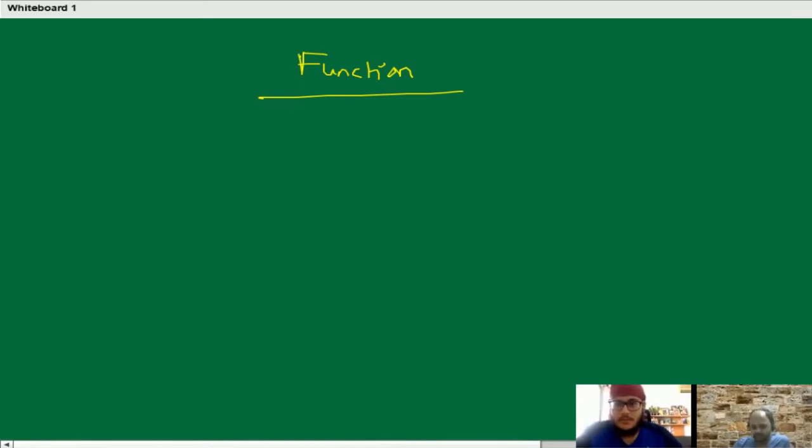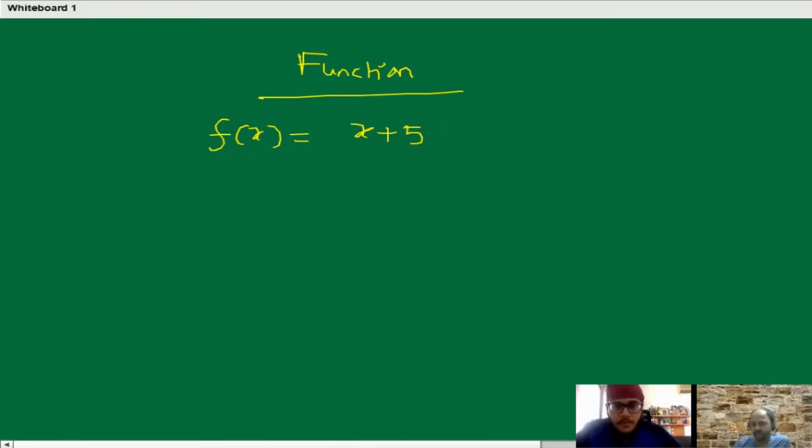So what we can do, for a function, first let's take a simple f of x equals x plus 5. Can you write this equation? Yes, sir. Here we have to remember there is a variable x, so this expression is in x.